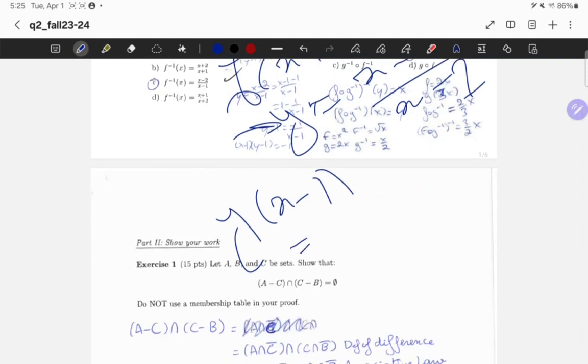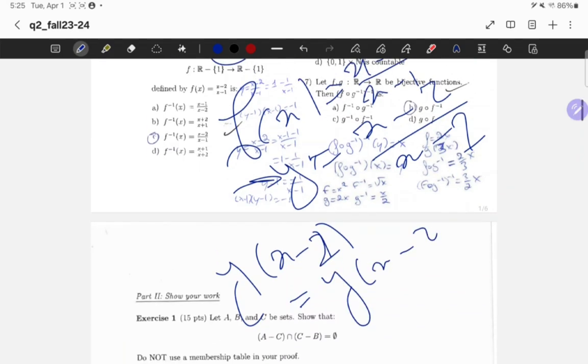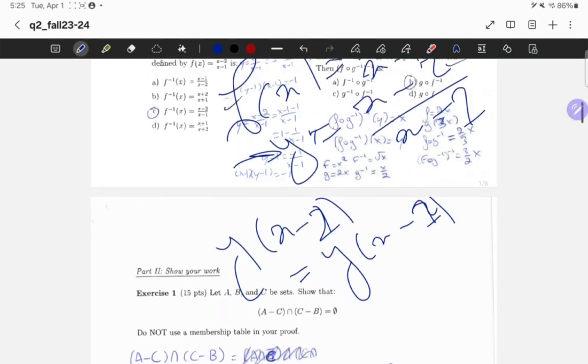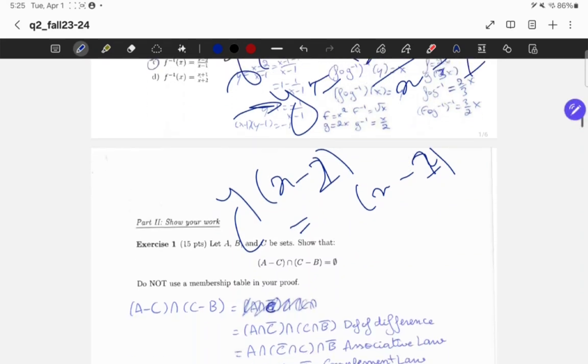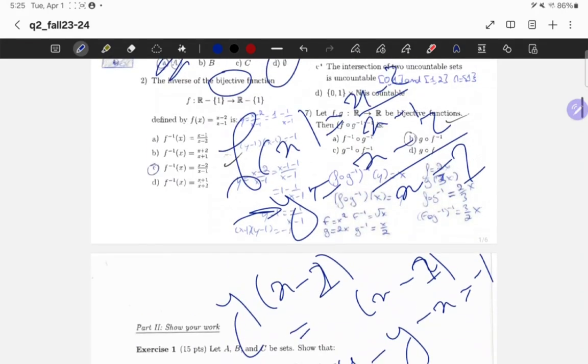Okay, so y times x minus 1 equals x minus 2. So x minus 1 minus y times x equals minus 1, right?